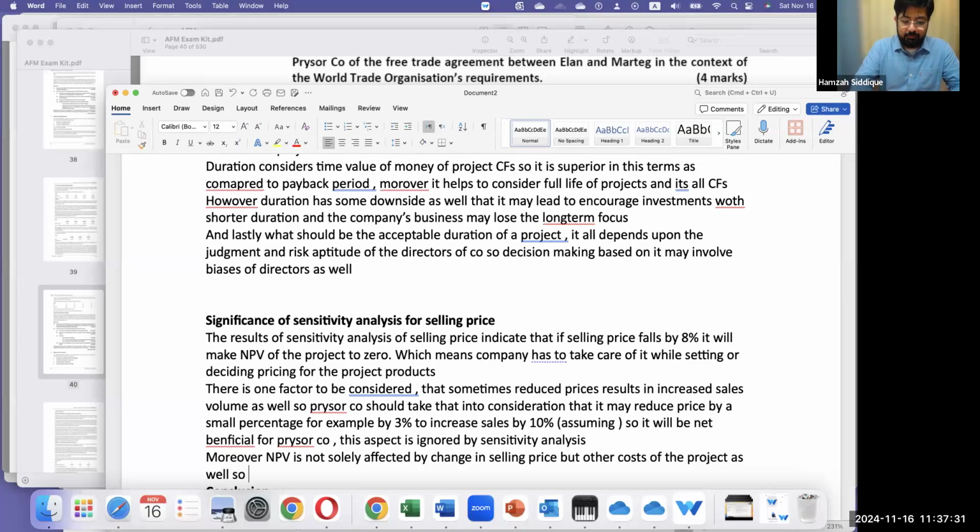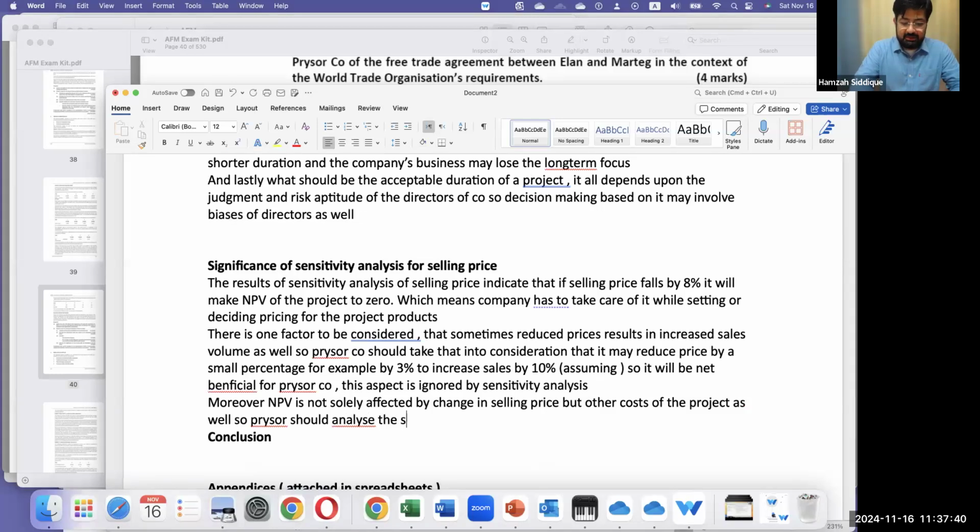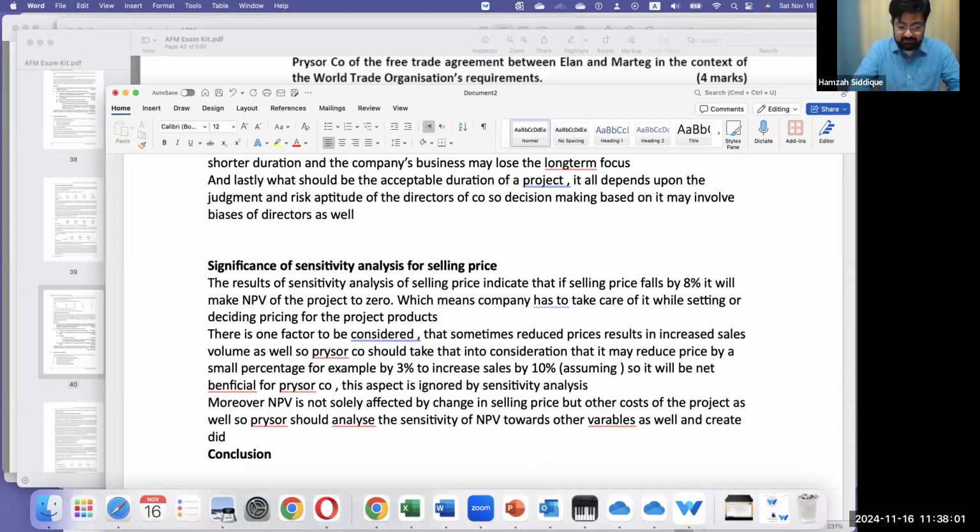So, Prysor should analyze the sensitivity of NPV towards other costs, other variables as well, and create different scenarios for assessment of project before making a final decision of the project. Done.